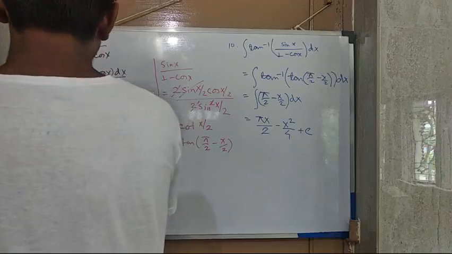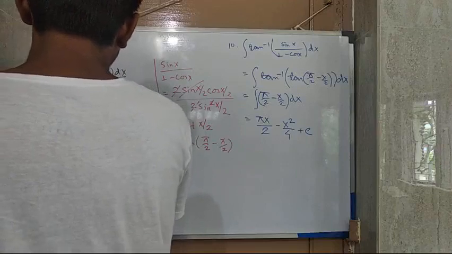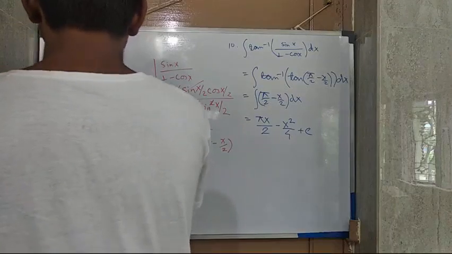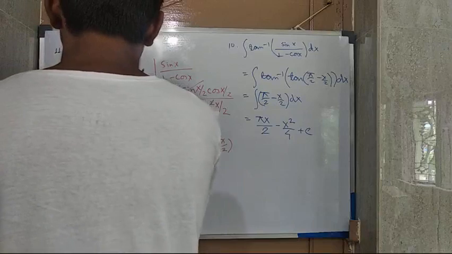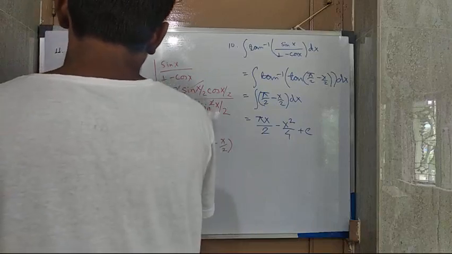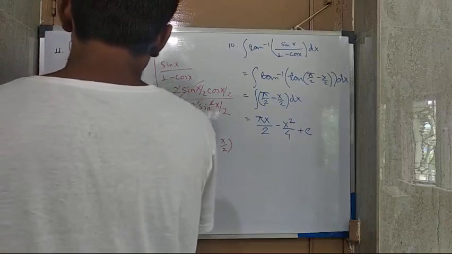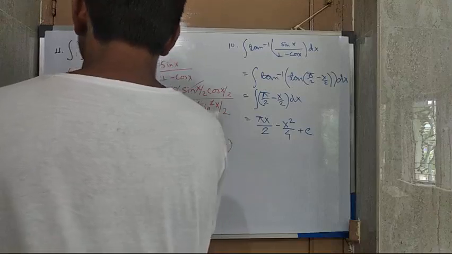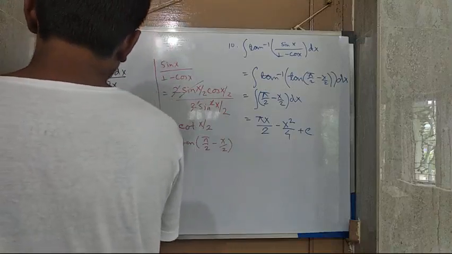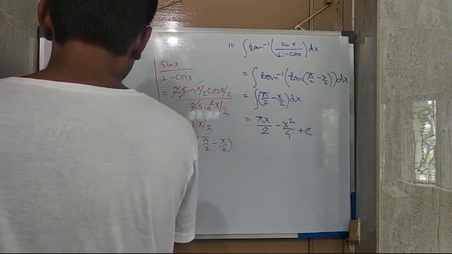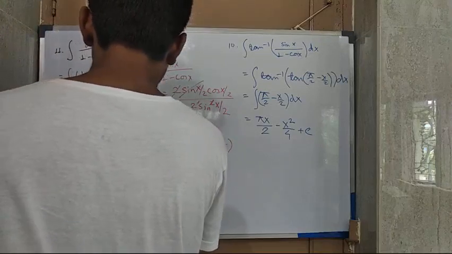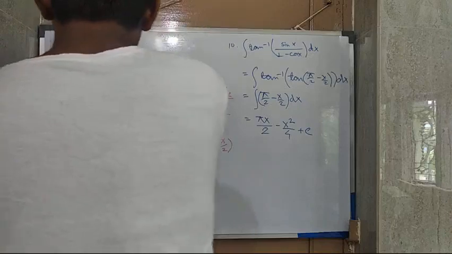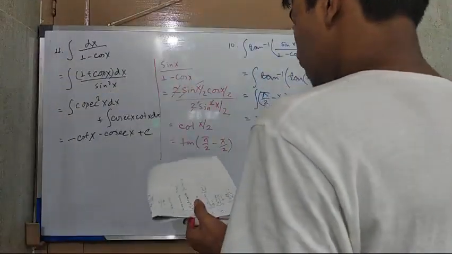This becomes the integral of cosec squared x dx plus the integral of cosec x cot x dx. So this is actually minus cot x minus cosec x plus c. So this is our answer for the 11th integral.